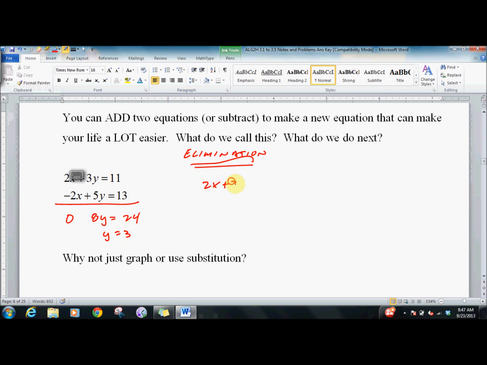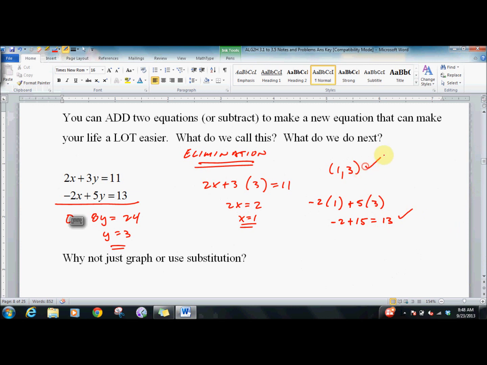Plug it back into either one. You get x equals 1, y equals 3. And we plug it into the other one. -2 times 1 plus 5 times 3 is -2 plus 15 is 13. Checks.